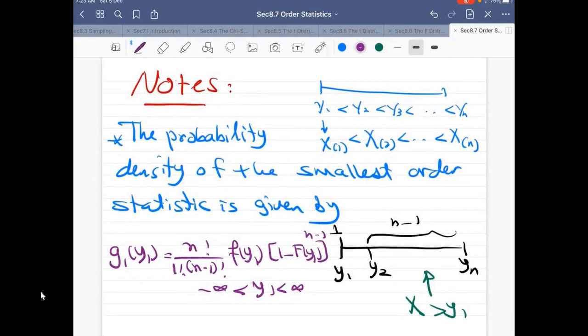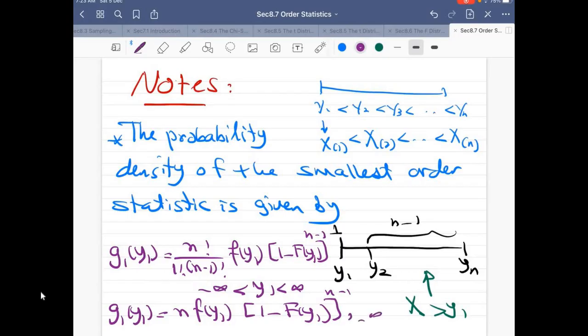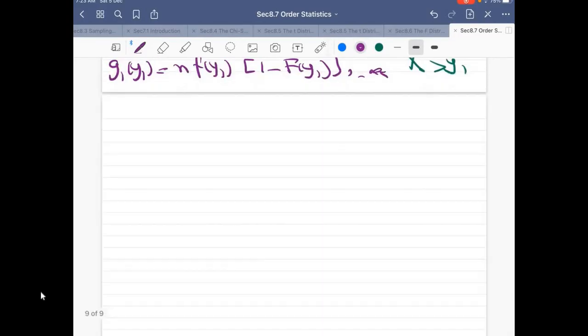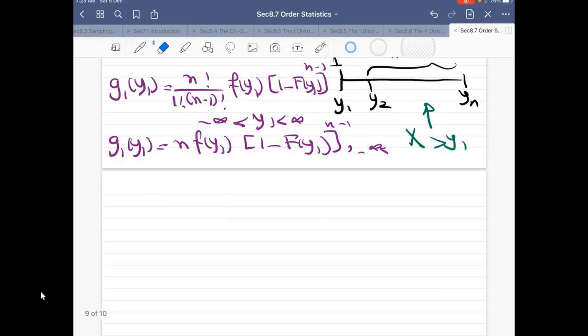Okay, you can simplify this, it will be just n. Okay, g1 of y1 will be n into f at y1 into 1 minus F capital at y1 power n minus 1, for minus infinity less than y1 less than infinity.